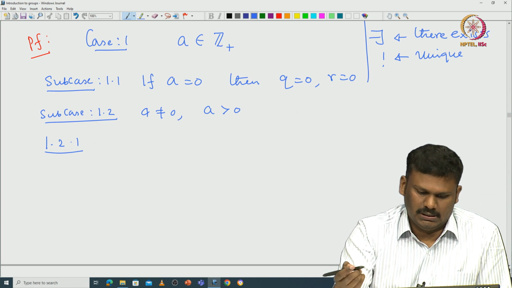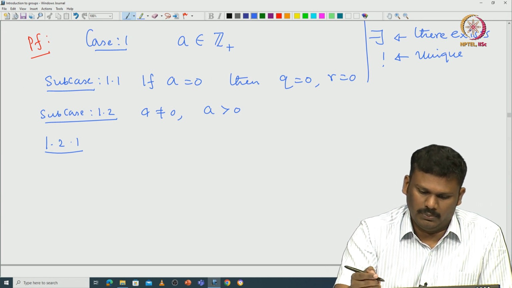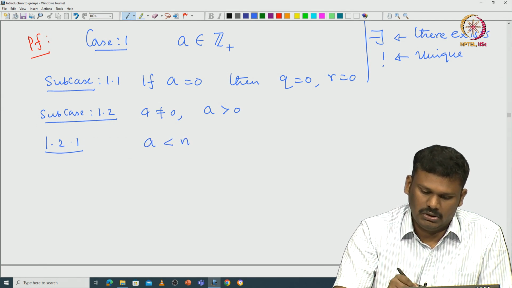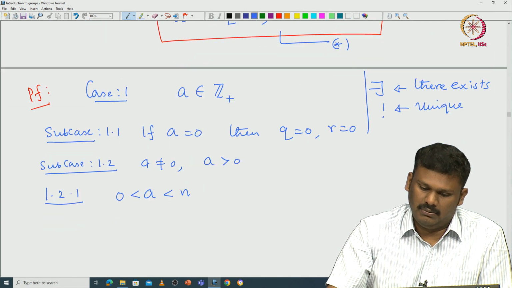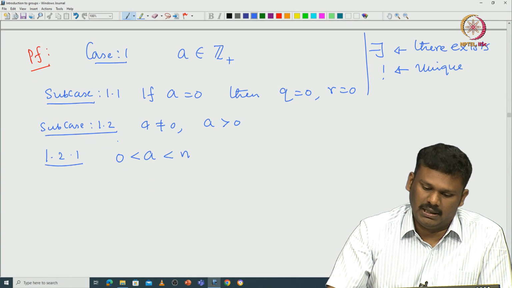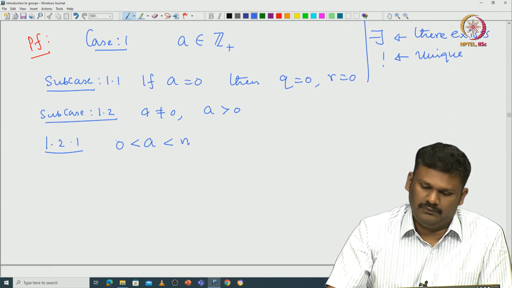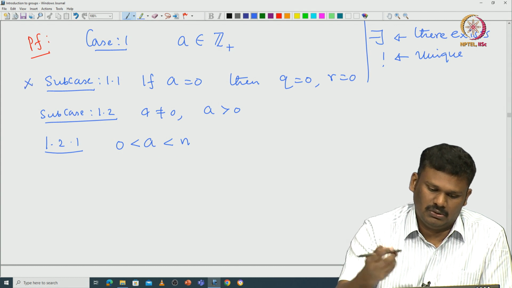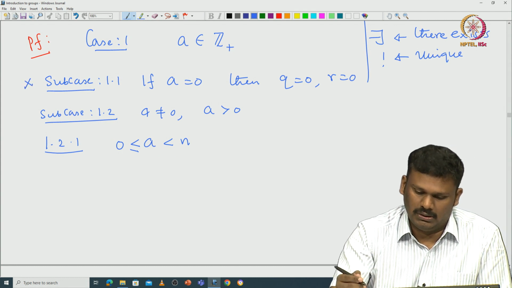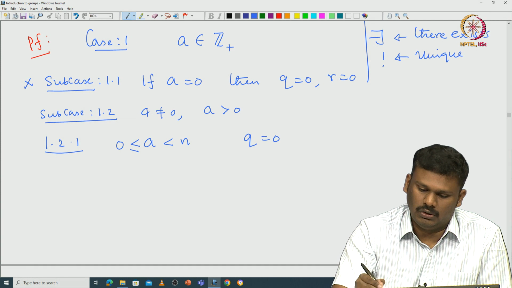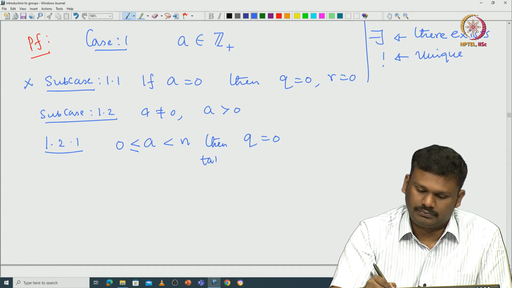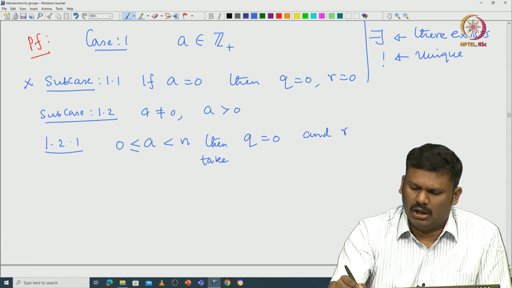But anyway, let us see the sub case 1.1.1, where you can assume that a is already smaller than n. So, this is positive, but smaller than n. So, what can you do in that case? Maybe this case can be combined with a greater than or equal to 0 as well, so you do not need to consider the first case separately. If a is greater than or equal to 0 and less than n, you can take q to be 0 and r to be a.